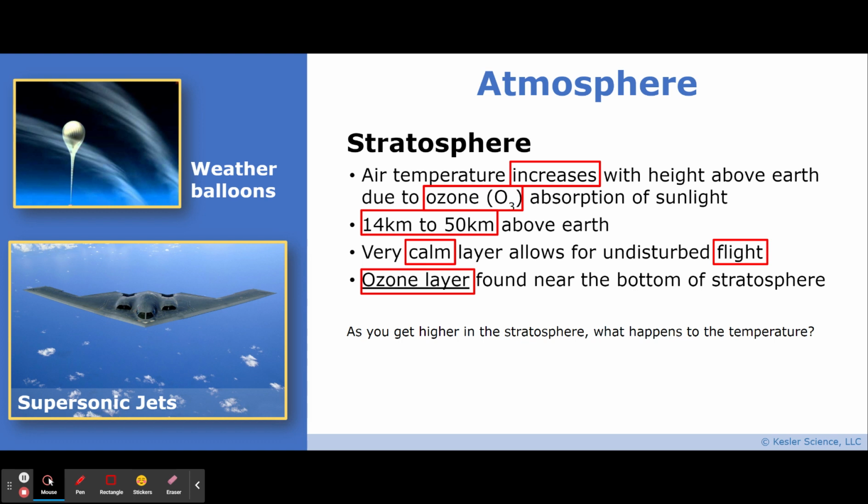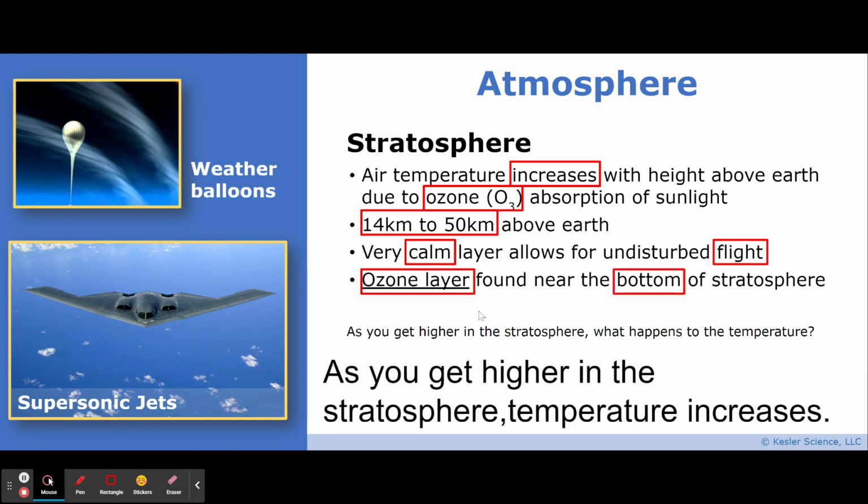So that's where, if you've ever flown in a plane before, you get through the clouds, and all of a sudden you're up on top of the clouds. That's the stratosphere. The ozone layer is found near the bottom of the stratosphere. And our question, as you get higher in the stratosphere, what happens to the temperature? As you get higher, the temperature actually increases.